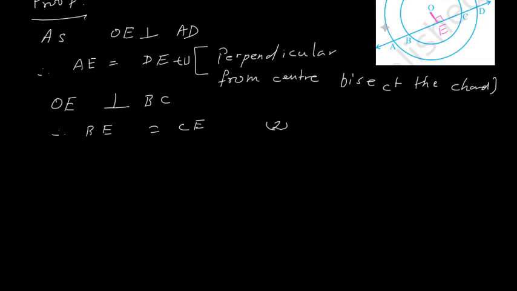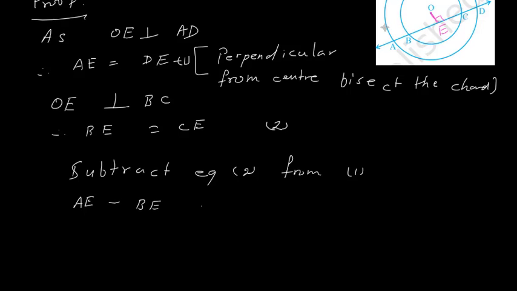Now if we subtract equation 2 from equation 1, we get AE minus BE is equal to DE minus CE.